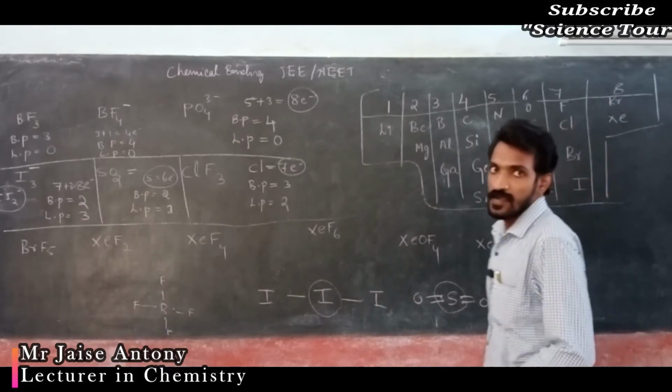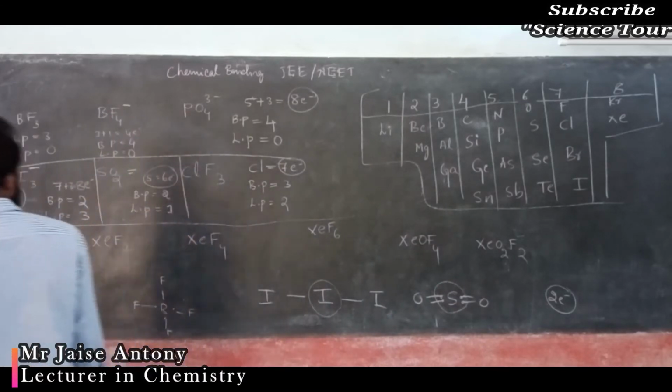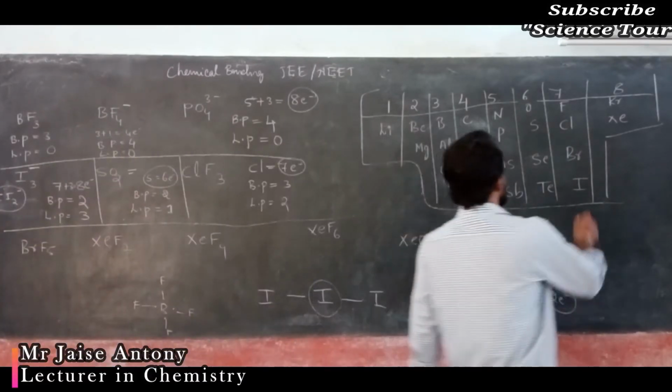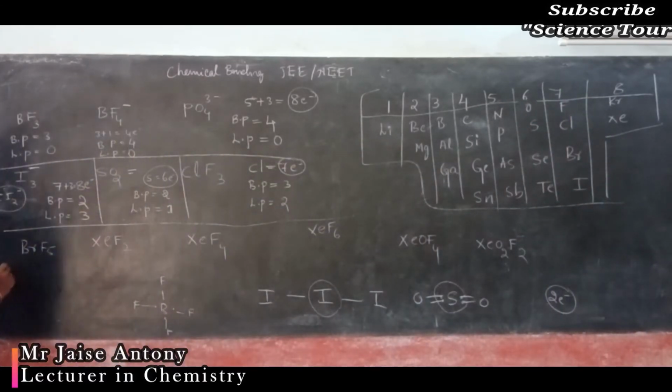Okay. My dear students, next one is BrF5, bromine. Bromine has 7 valency electrons. It forms 5 bonds with the fluorine.